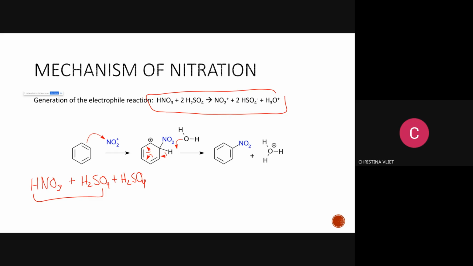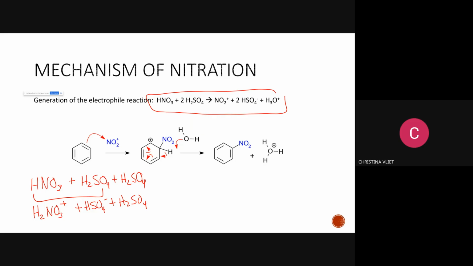That's crazy. And so you end up with H2NO3 plus, HSO4 minus, plus H2SO4. That's what we have, but H2NO3 plus is unstable.